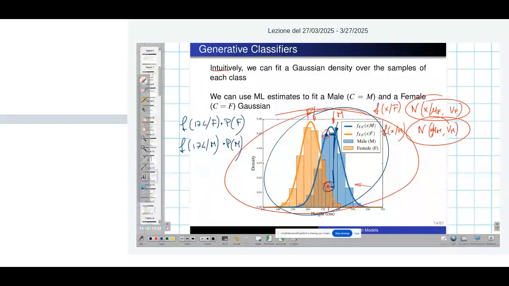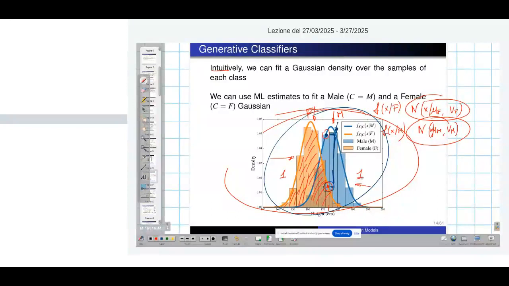Essentially, if you see it in terms of histograms, these are histograms normalized so that the two populations are considered equal. So there is one female to one male, because the area below the histogram is the same.